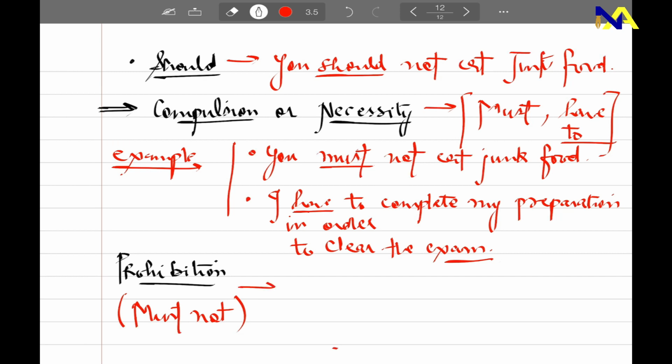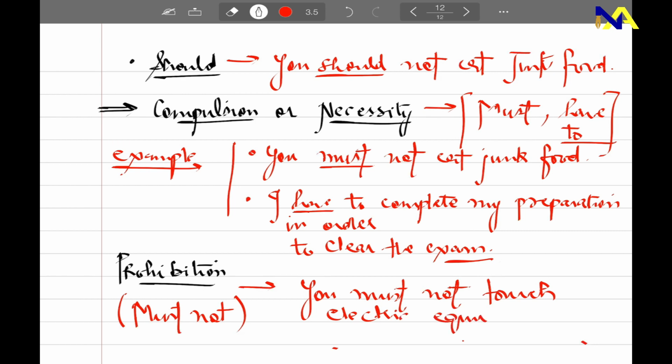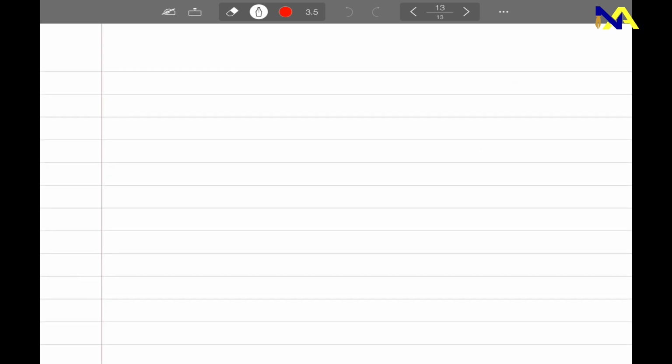For example, you must not touch electric equipments with wet hands. गीले हाथों से इलेक्ट्रिक इक्विपमेंट्स को छूने को मना किया जाता है. सो यू मस्ट नॉट, करंट लग जाएगा, अच्छा नहीं होगा. मस्ट नॉट. अंडरस्टैंड? देन a few more are remaining.